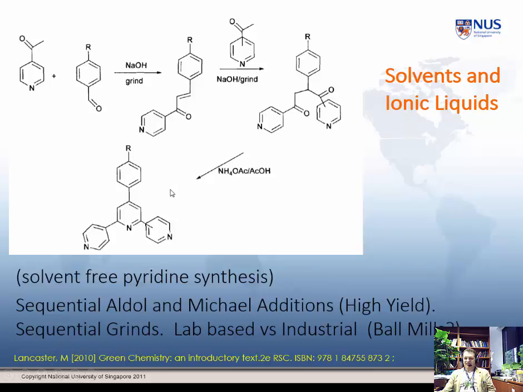So we basically have the production of a really quite complicated reaction. And before we go down this line, I should tell you that the solvent-free method, so a grind, is basically you've got it in a ball mill, you've got no liquid there.